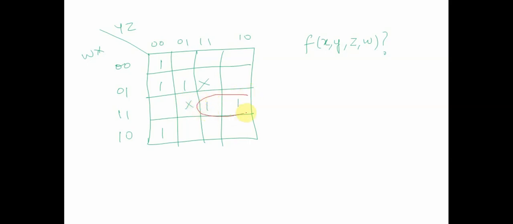So this is one of the essential prime implicants. For this particular one, the essential prime implicant would be this. For this set of ones, the biggest possible one will be this, and then with one left, we can either choose this one or this one.